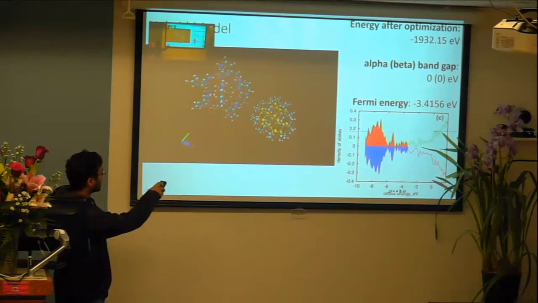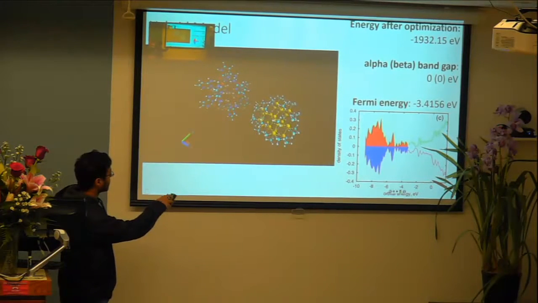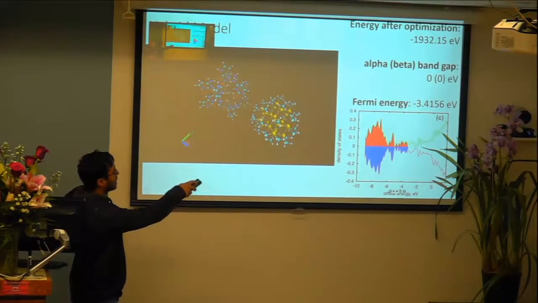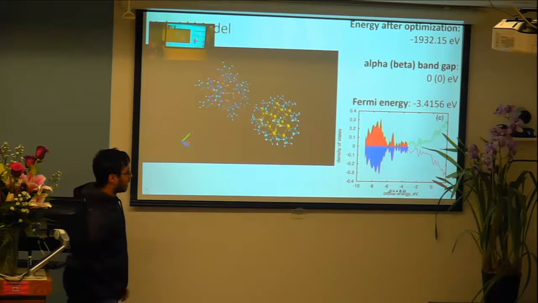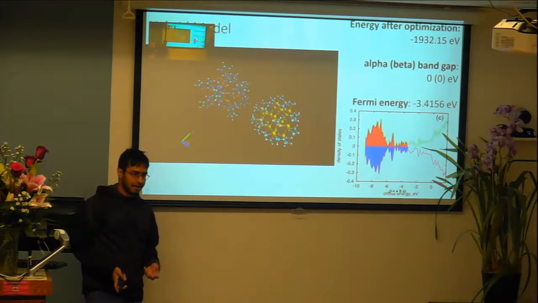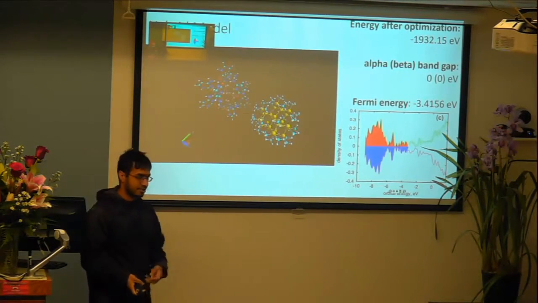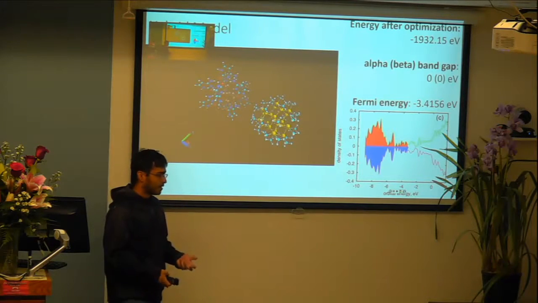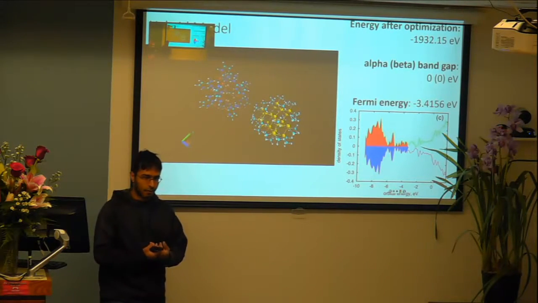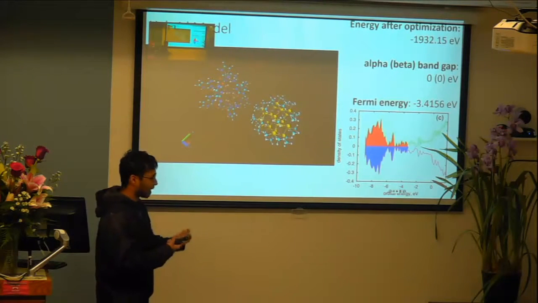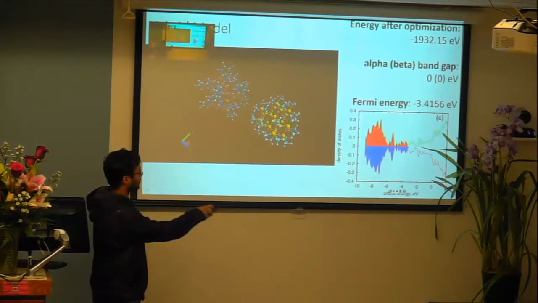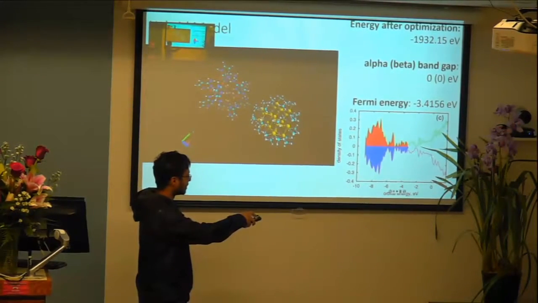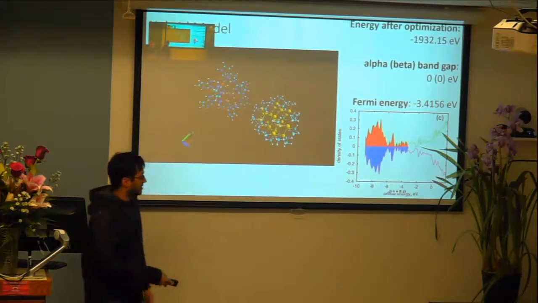Both nanoparticles are being optimized at the same time, and the total energy after optimization is actually a little bit higher than the separate energies after optimization for the silicon nanoparticle and the silver nanoparticle, which signifies that the binding energy is positive, and therefore the two nanoparticles would want to repel each other when brought close together. And again, we have the density of states here. You can see that there's not really a distinct difference between the valence and conduction bands in the density of states.